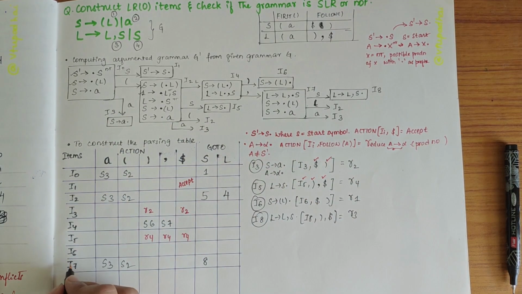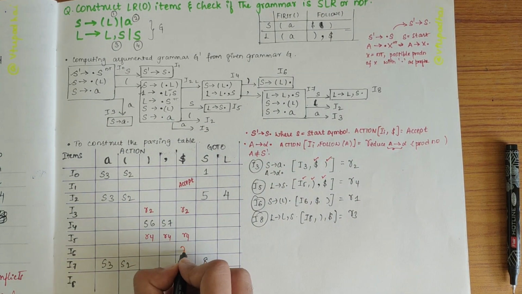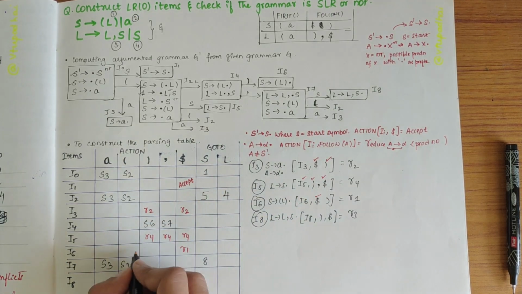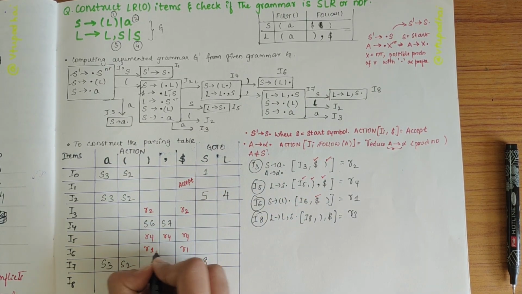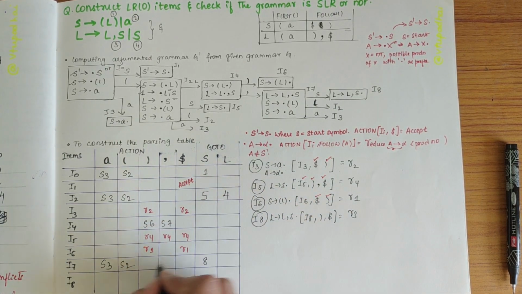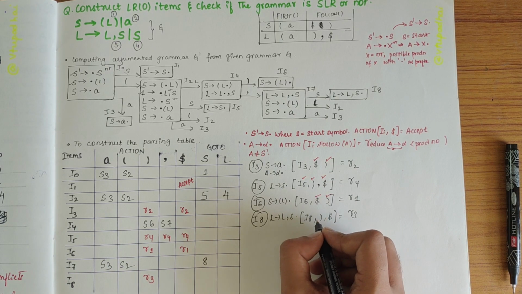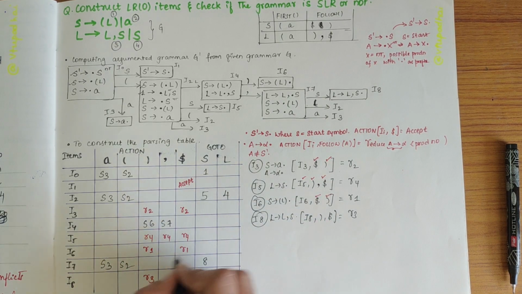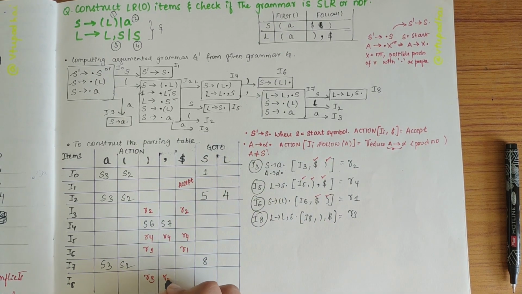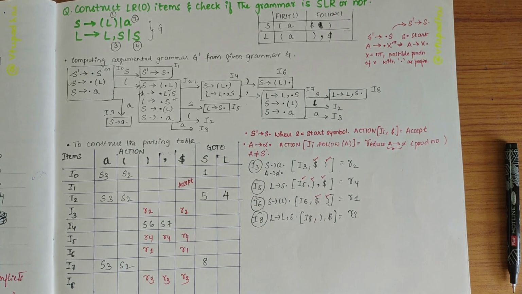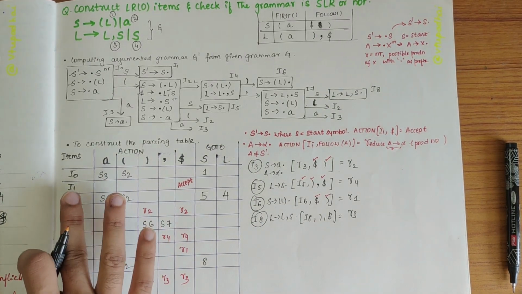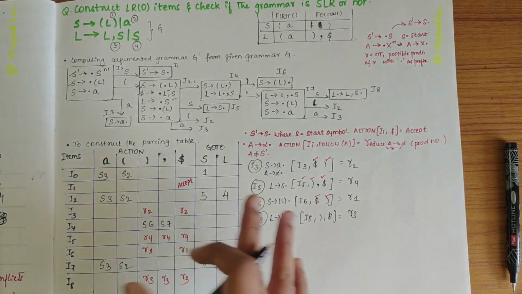Now I6 and dollar write R1 and I6 and close bracket write R1. Done with these two. I8 and close bracket write R3, I8 and comma write R3, I8 and dollar also write R3. So here I have written all the shifting and reduce part.